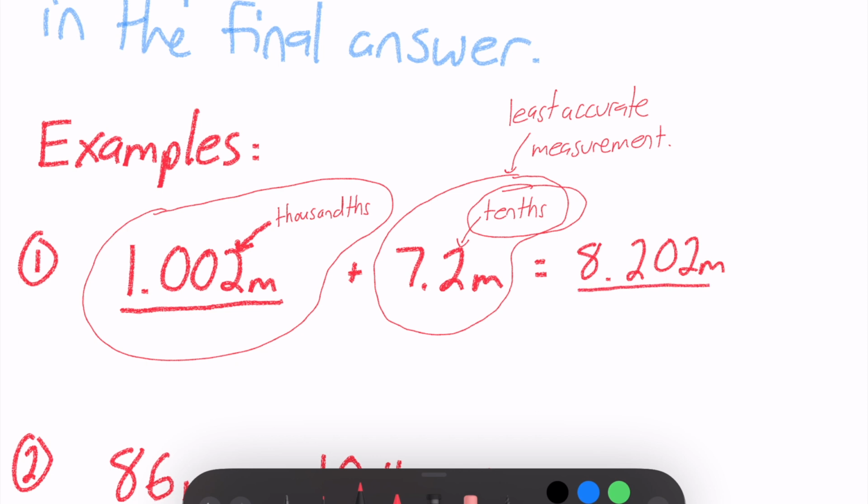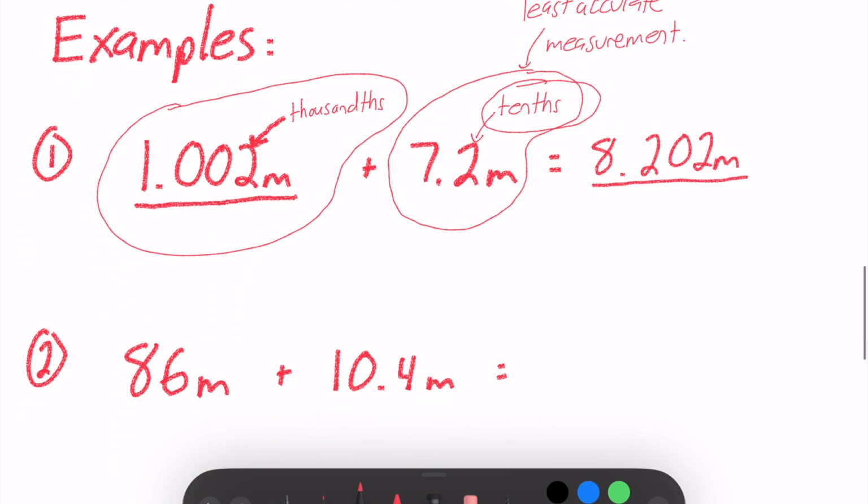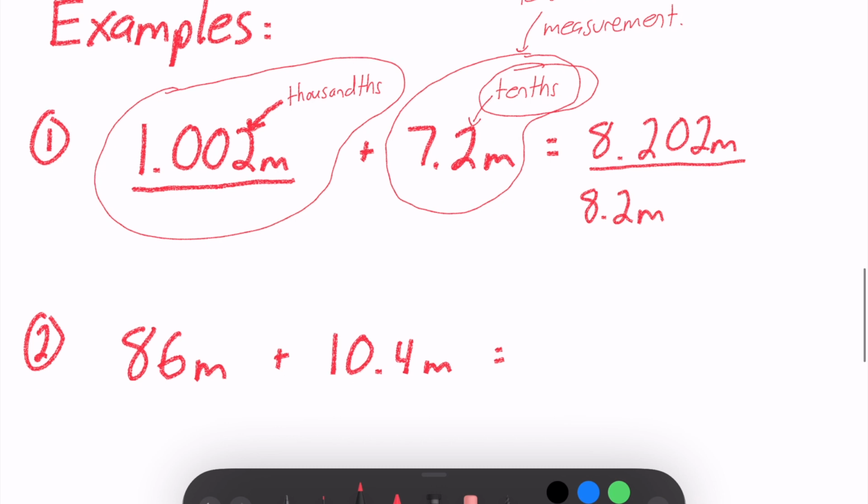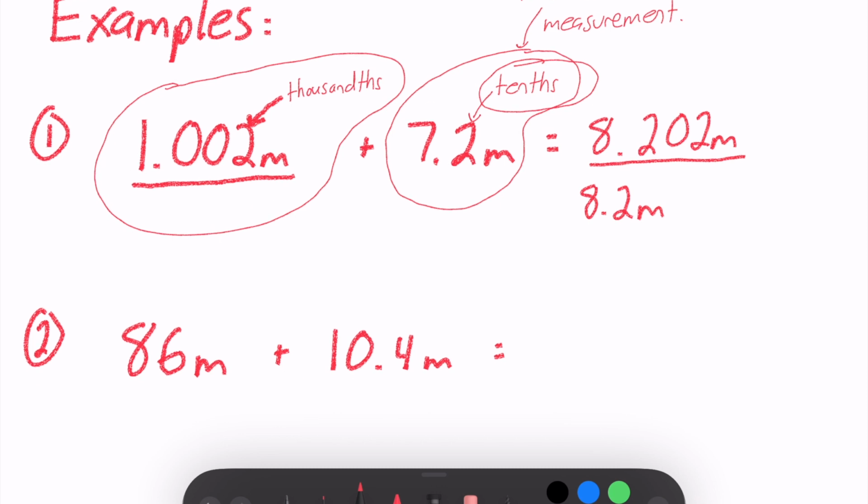If you type it into the calculator, that's what you're going to get. However, if we are keeping significant figures, we can only write 8.2 meters because we can only keep significant figures to that tenths position.